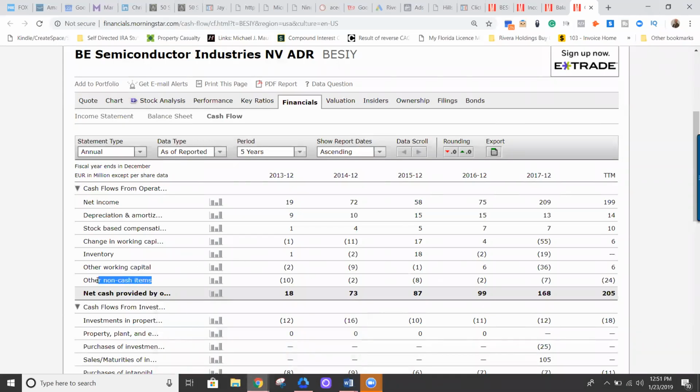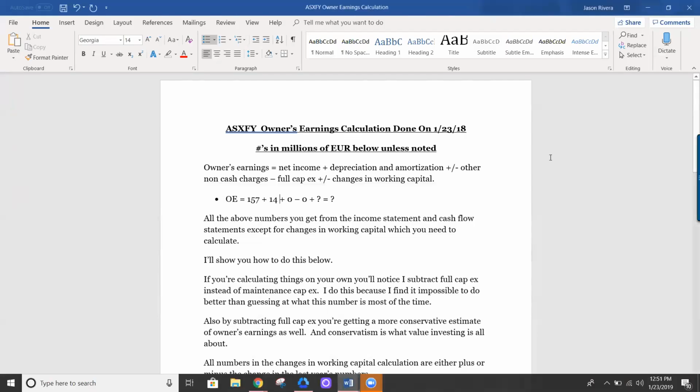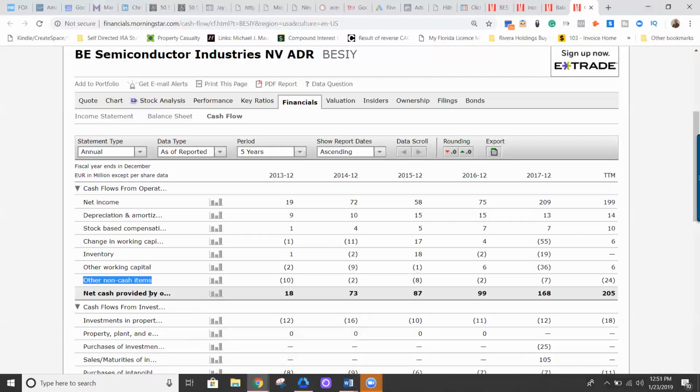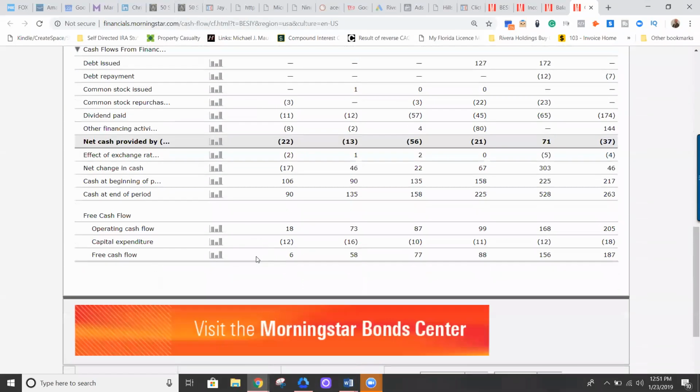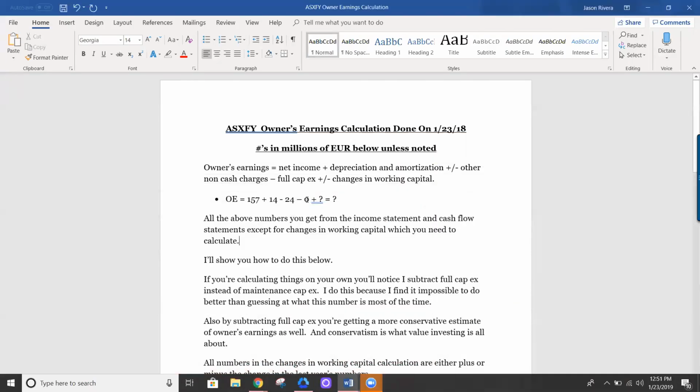Depending on the company, it will either say charges, other non-cash items, or other non-cash. What's the terminology on here? Non-cash charges. Same thing. Yeah, non-cash is the keyword, correct. Full capex again. Full capex. 18 plus, and then we go down here.